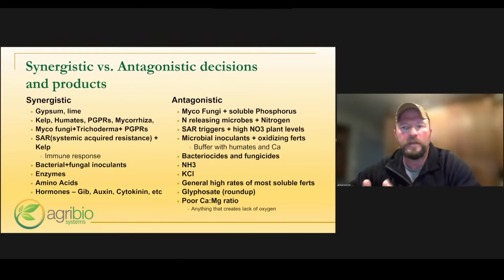oftentimes, at least in the Corn Belt, soils with a very, very narrow calcium and magnesium ratio is one of the biggest problems that we face. That leads to very tight soils, soils that don't drain or infiltrate water properly, soils that don't allow for proper root development.